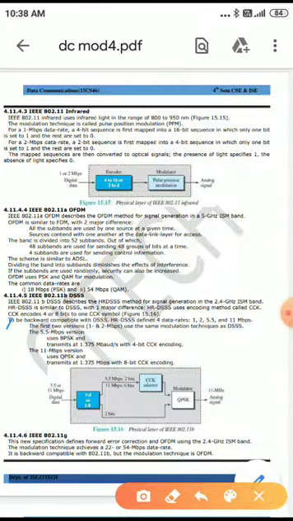Next, to be backward compatible with DSSS, HR-DSSS defines 4 data rates.